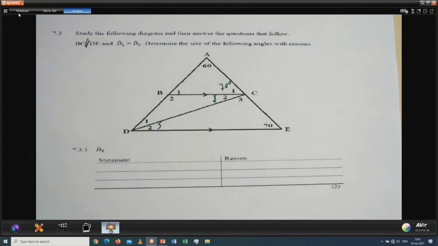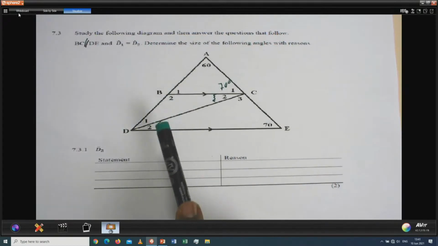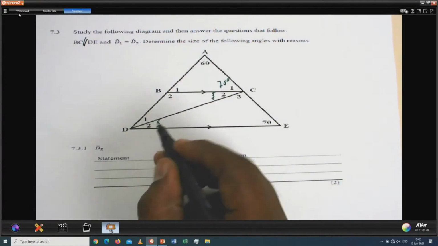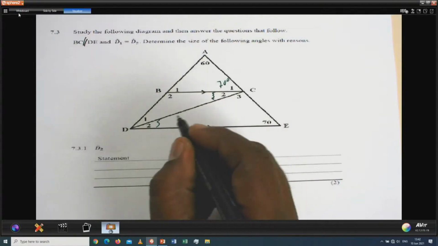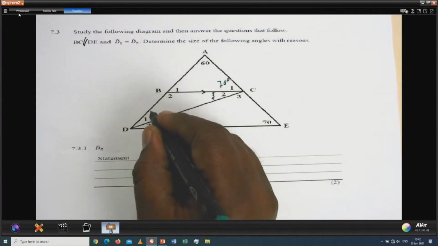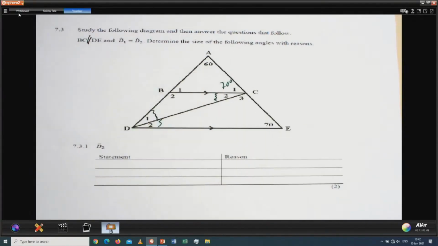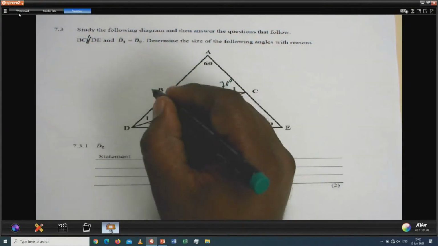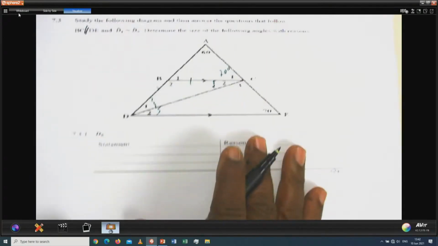Right. Now the question is looking for D2. And we are given that D1 is equal to D2. In other words, this is also equal to this one. And if they are equal, it tells you these sides are equal.